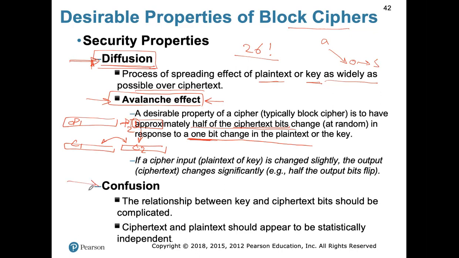The second property that we like to see is called confusion. It says that the relation between the key and the ciphertext bits should be complicated.